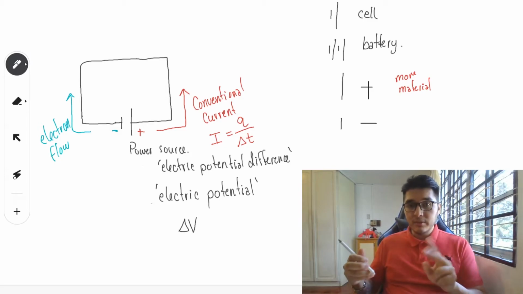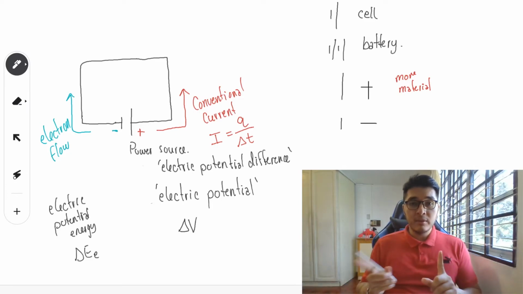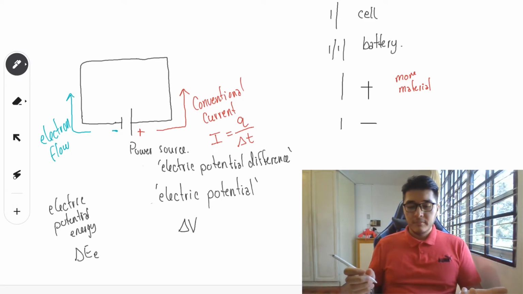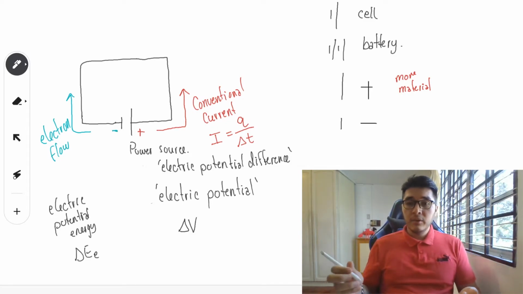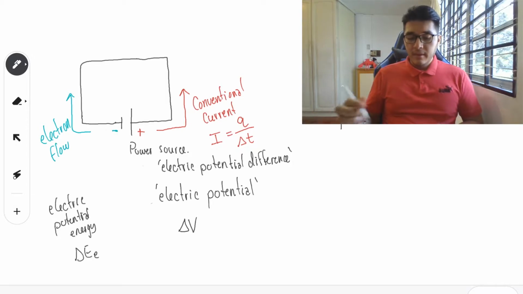So electric potential energy, that one we use delta E. And what's the relationship between the two? Q is charge. And actually that is the connection between the two, right?